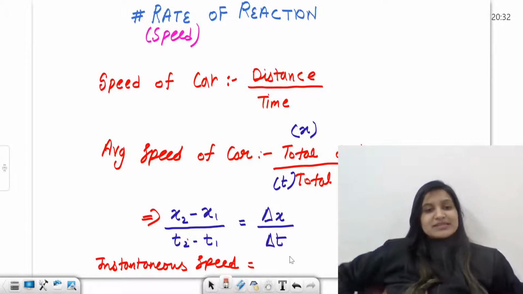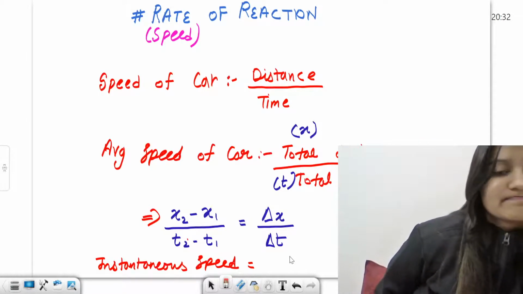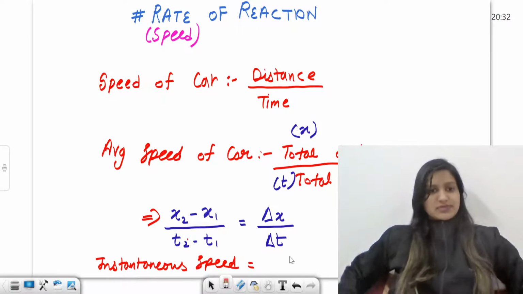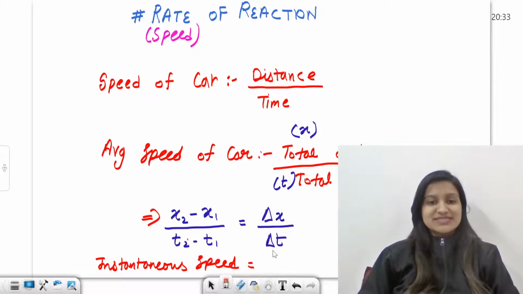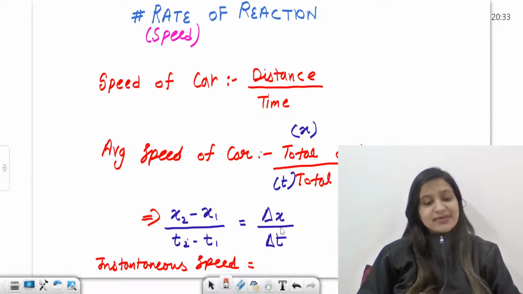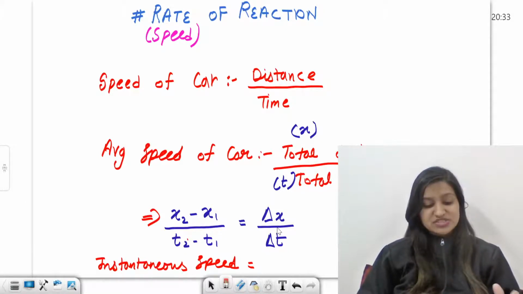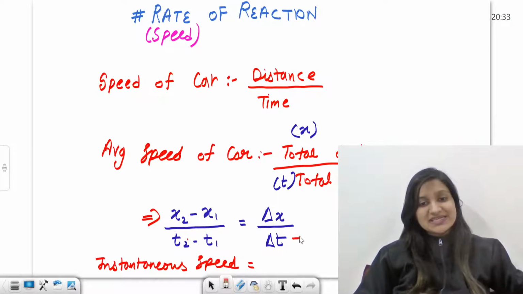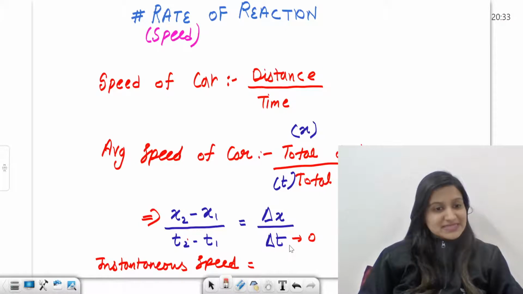You say, ma'am, when this delta t approaches zero, when the time approaches zero, when it just becomes a moment, when this delta t approaches zero, then this delta is denoted by simply d, right?